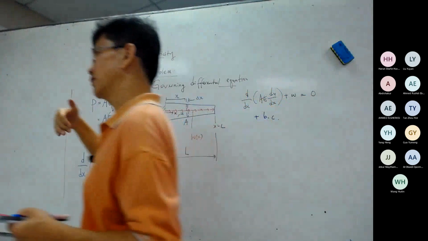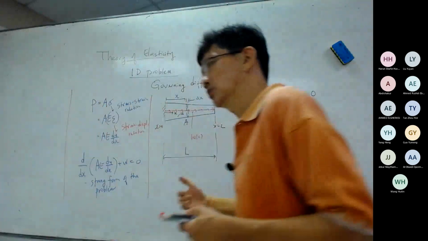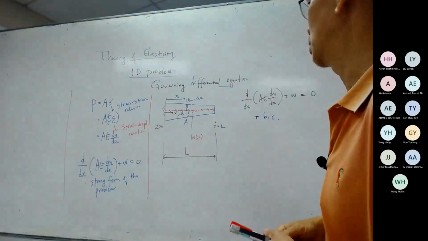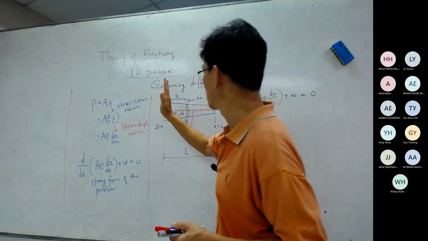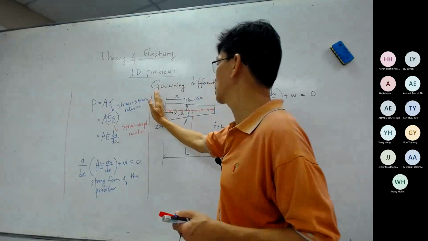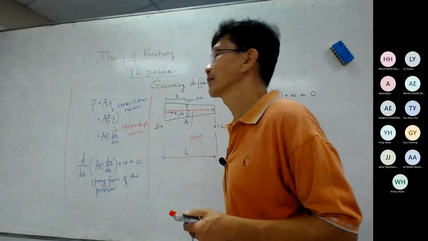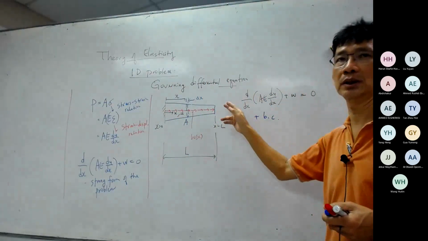And if there are given other conditions, it will follow the same procedures. Okay. The important thing is you need to know if this side, we know what is u, which is u equal to 0, or we know the stress. Here, look at the problems. If it is free, we know the stress is 0 here.